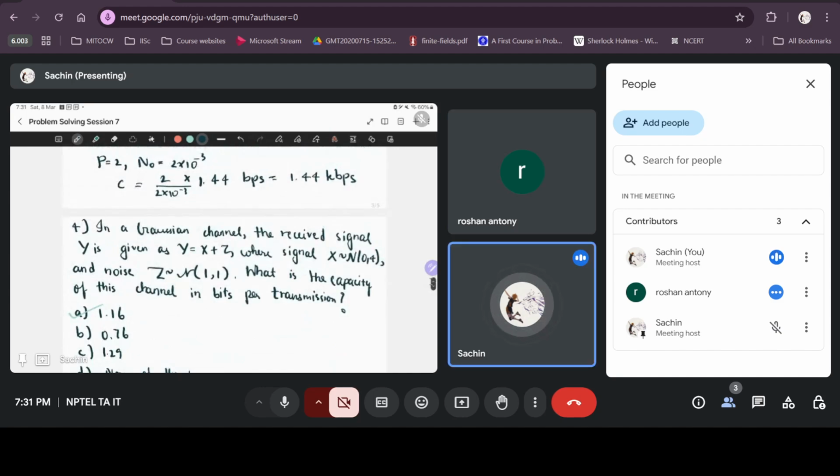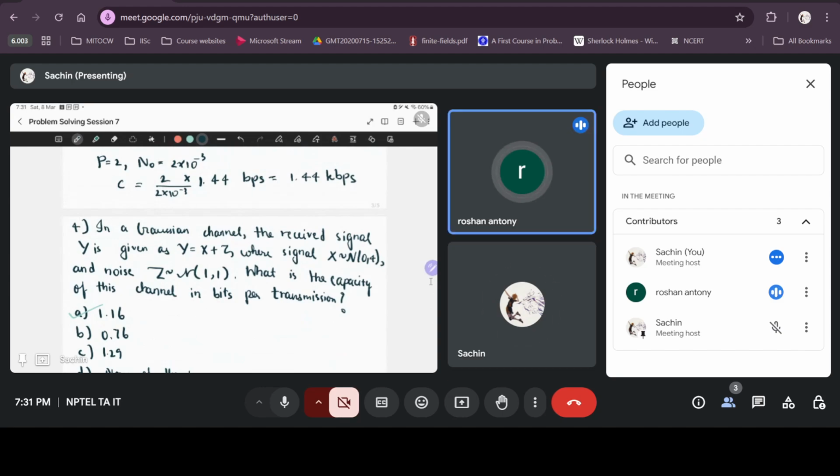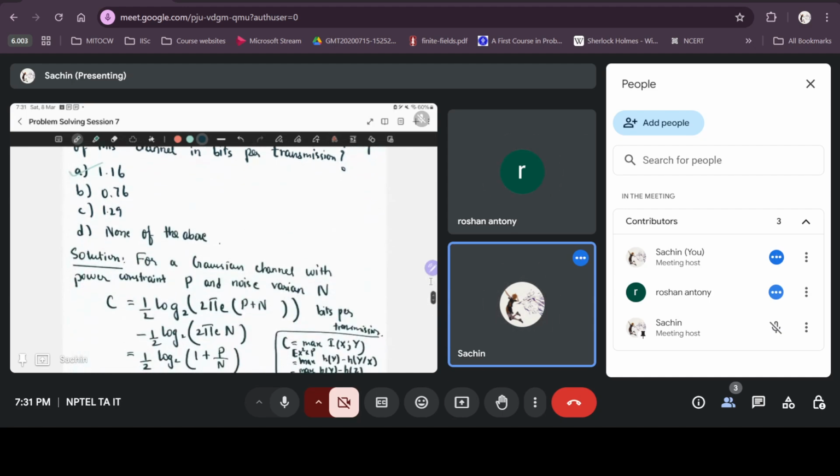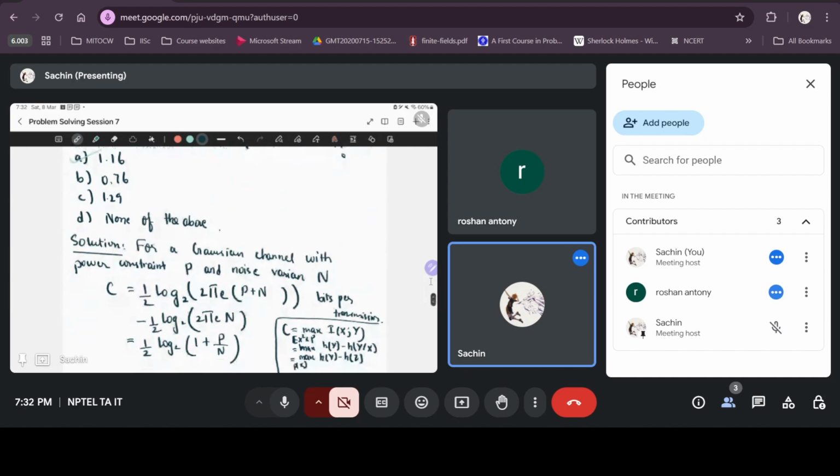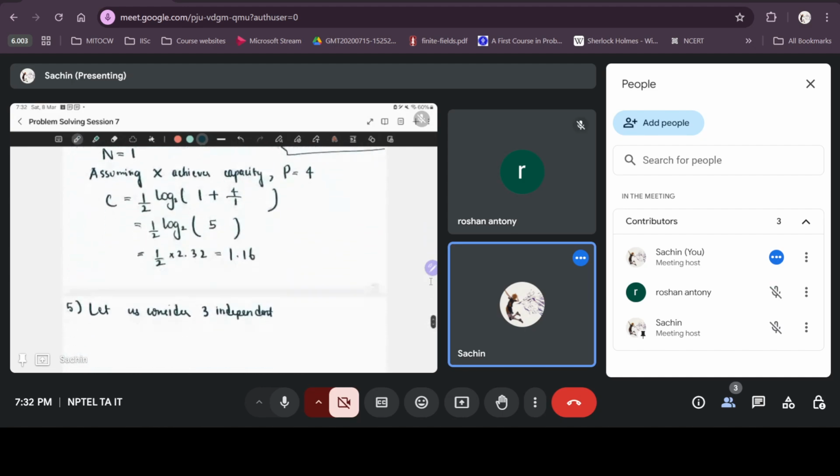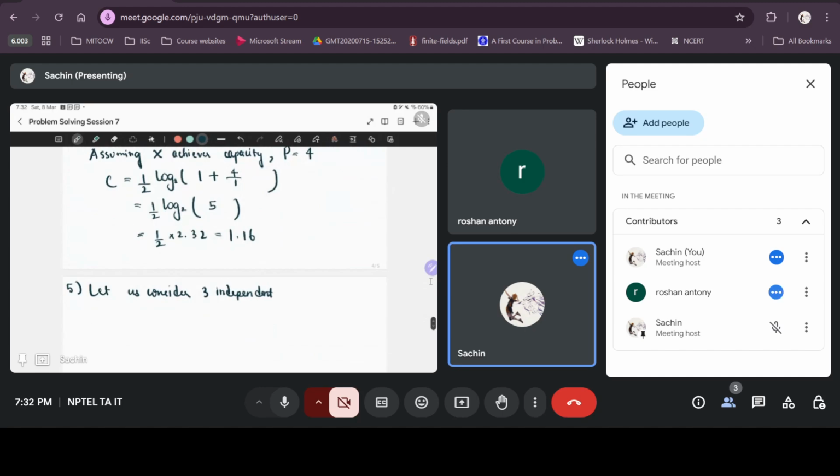No, the mean of the noise doesn't matter.